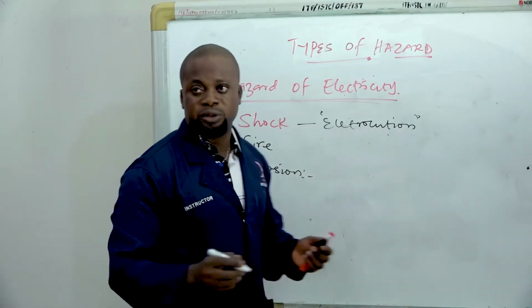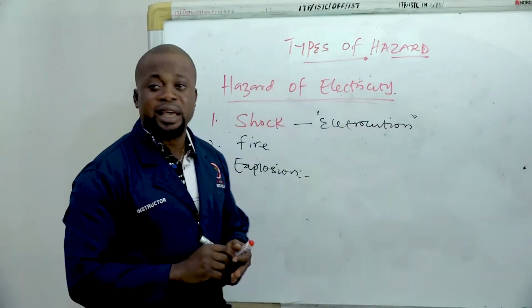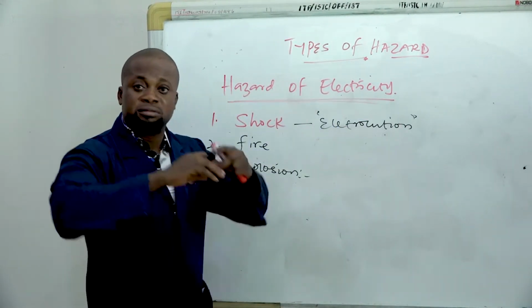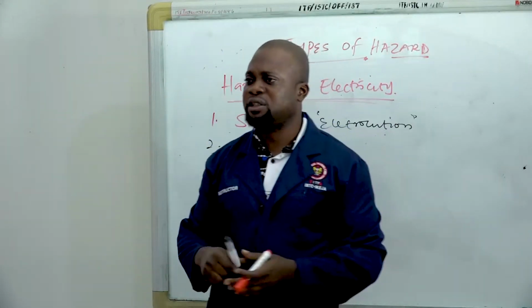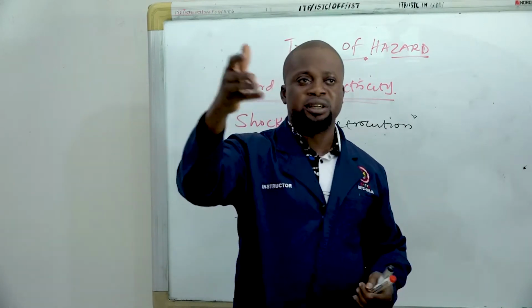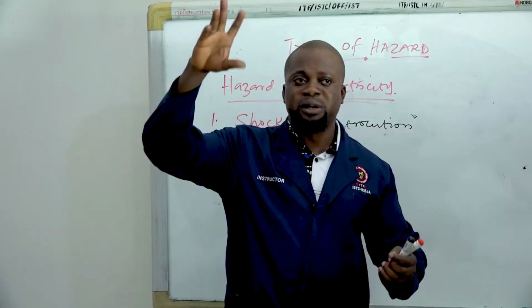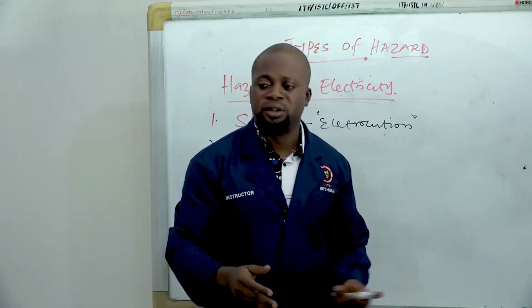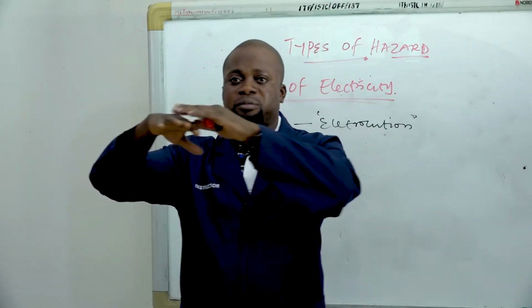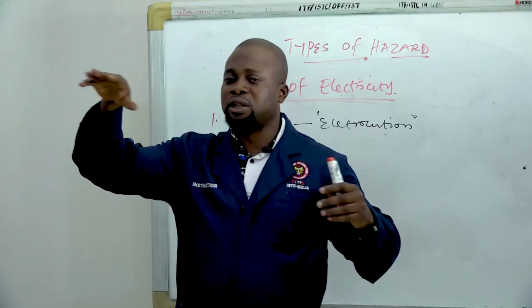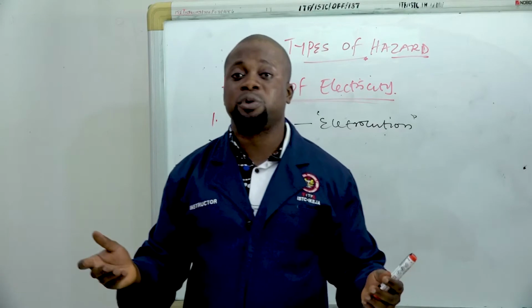What is explosion? Electrical spark can ignite vapors in the air. Of course, we use overhead cables in our environment. You've seen that sometimes, especially during the rainy season, the wind can make two cables meet, and there is always a spark.